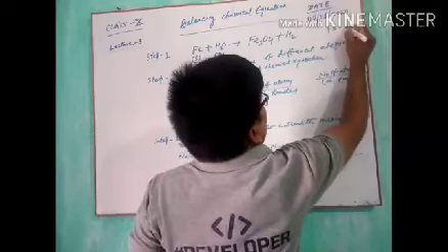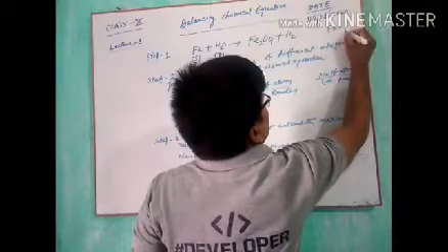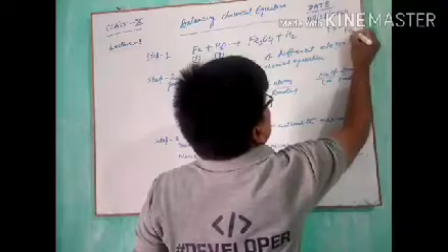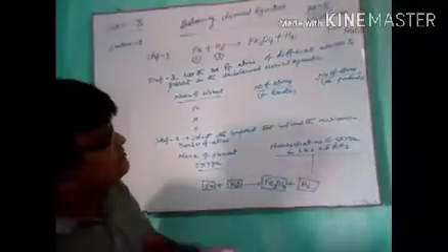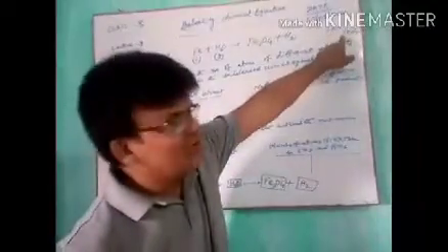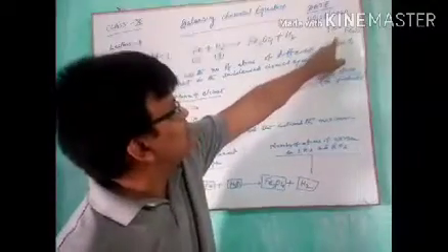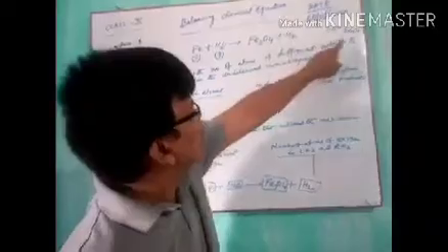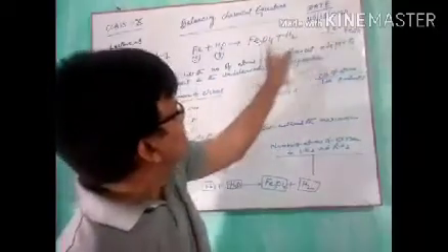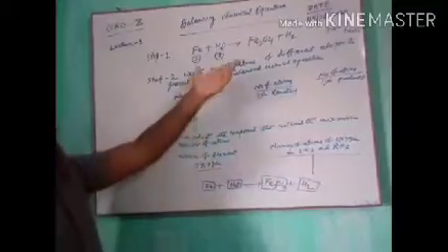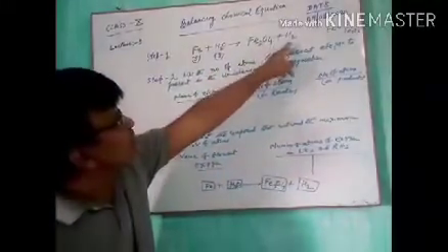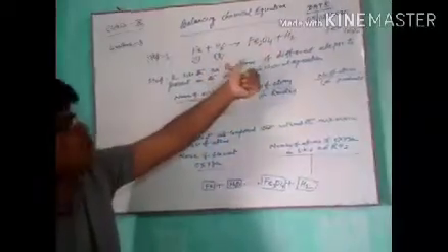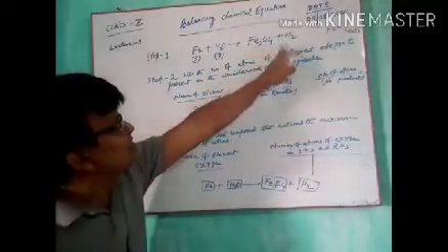A mixture of iron 2 oxide and iron 3 oxide is formed, but in combined form we write it as Fe3O4, 3 atoms of Fe and 4 of O. Here in the first step I have written the chemical equation: Fe plus H2O gives Fe3O4 plus H2. Here iron reacts with steam to give Fe3O4 and H2.